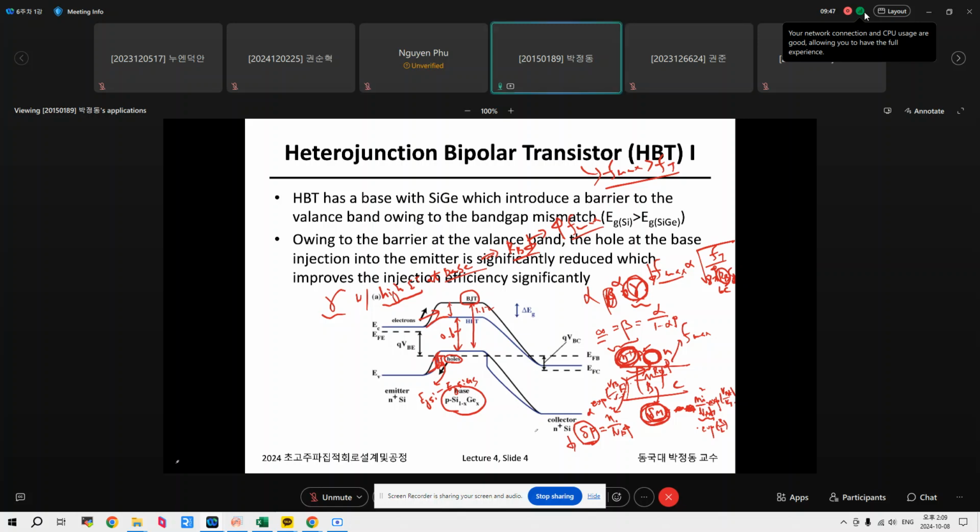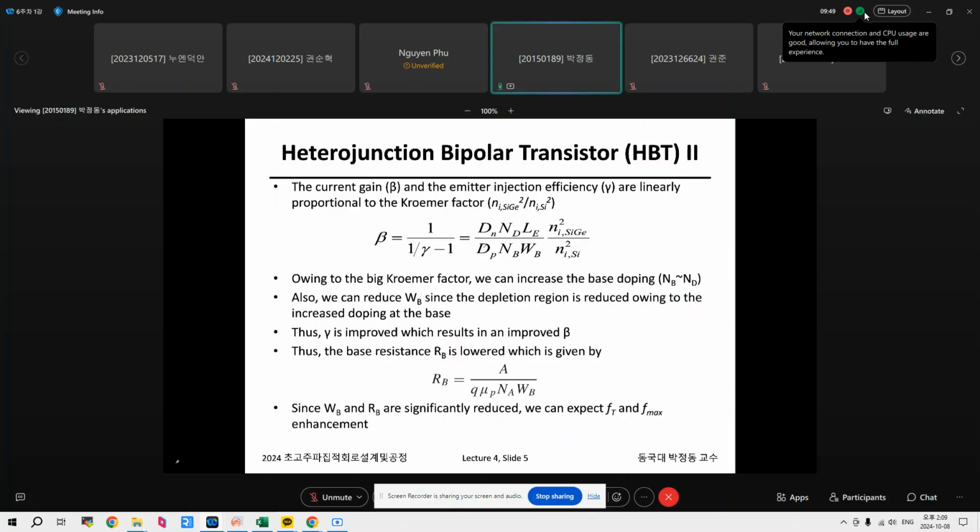So this is a quantitative expression. There exists a gamma factor, which is an expression of the intrinsic free carrier concentration, which is inversely proportional to the energy band gap.